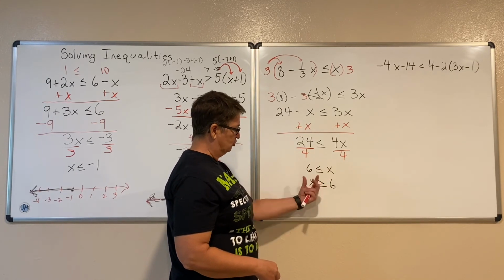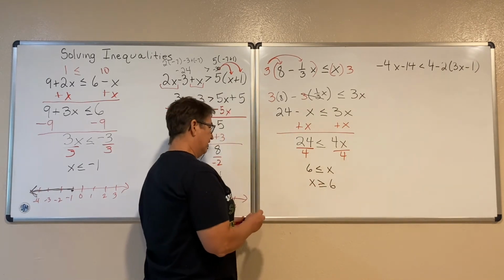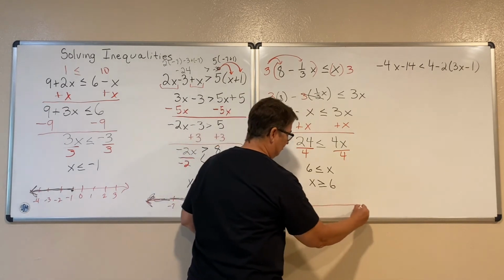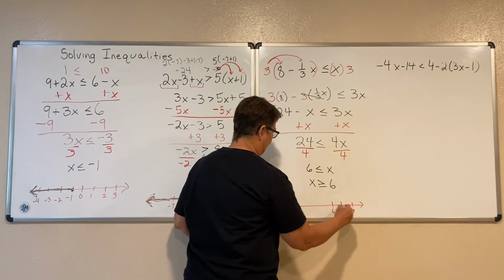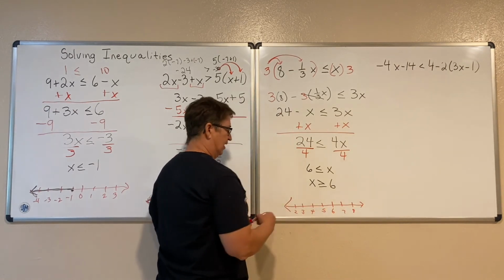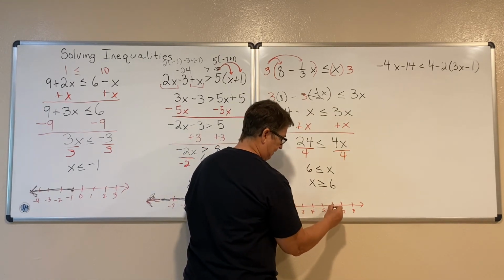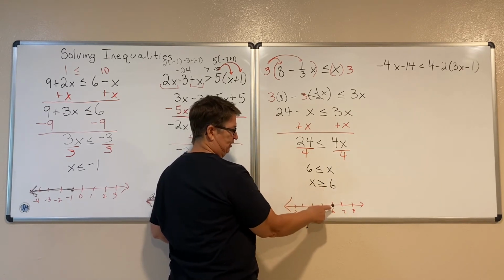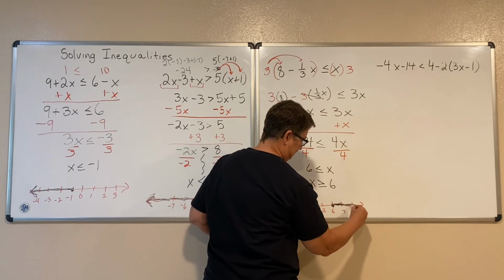I need to make sure that Pac-Man is still eating the same number. Then when I put it on my number line, 6 is the important number to put on my number line. And then, because it is equal to this time, I'm going to fill in the dot. And then x is greater than or equal to 6, so that means it's anything larger than 6.